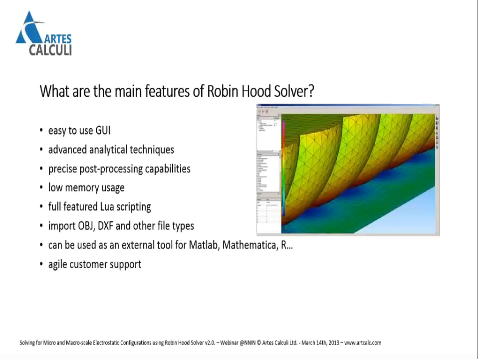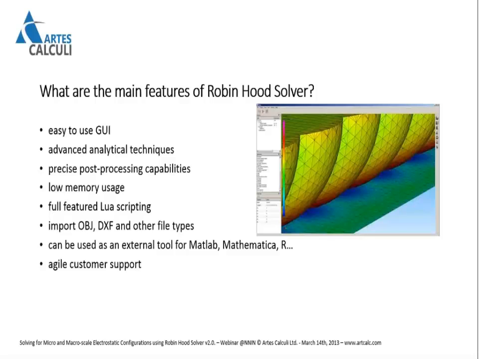So the main features of Robin Hood Solver are an easy to use graphical user interface, the use of advanced analytical techniques and precise post-processing capabilities, and they deliver results either very fast or very accurately. Robin Hood Solver uses a lot less memory than you would expect from software of this type. We have implemented full-featured Lua scripting, which we will talk about in more detail later on.